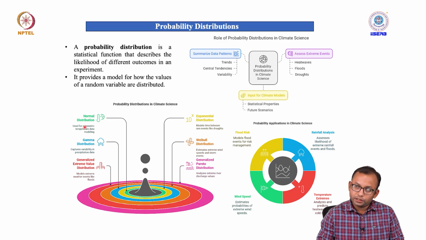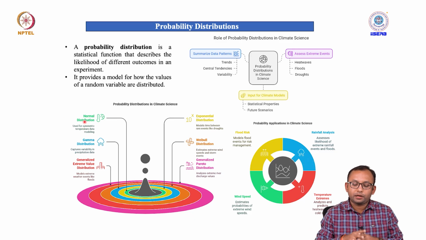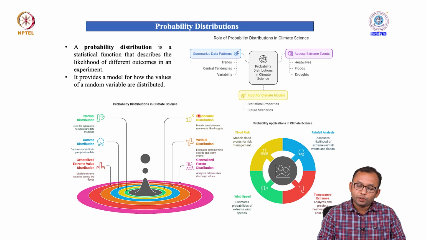One is called the normal distribution, which is a bell shaped curve. Then we have the exponential distribution, gamma distribution, Weibull, generalized extreme value distribution, GPD distributions, like that.